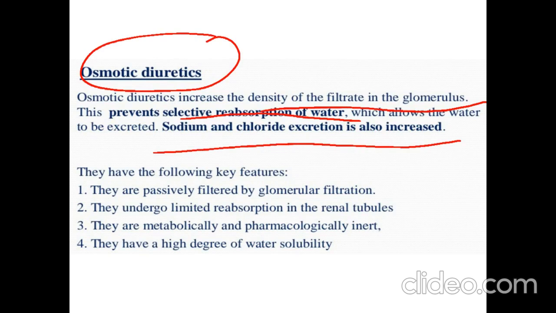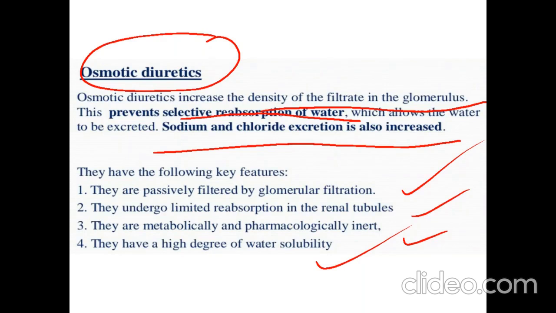So there are some features of these osmotic diuretics. First one, passively filtered. Second one, limited reabsorption. They are pharmacologically and metabolically inert, and they have a high degree of water solubility.